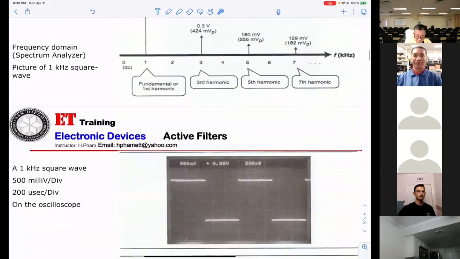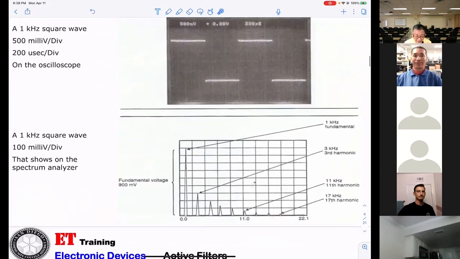This is a different display. You can see the basic fundamental 1K. This is the third harmonic, 3 kilohertz. And this will be the 11th harmonic, 11 kilohertz.